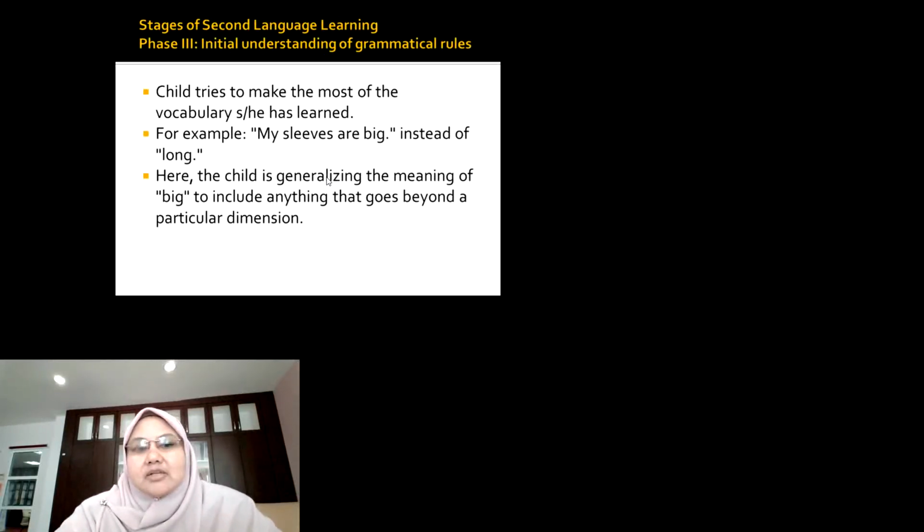For example, the house is big, the apple is big, the cat is big, so everything is big. In English, if they have a better vocabulary, then they will know how to describe certain things using the right vocabulary. However, this is what they can make use of, the knowledge that they have. They know the word big, so they will apply it to everything that goes beyond a particular dimension.